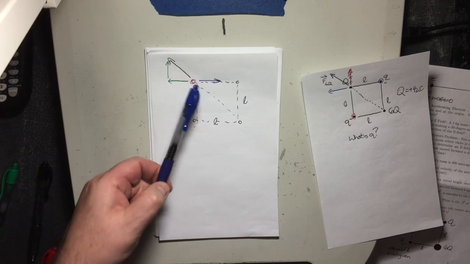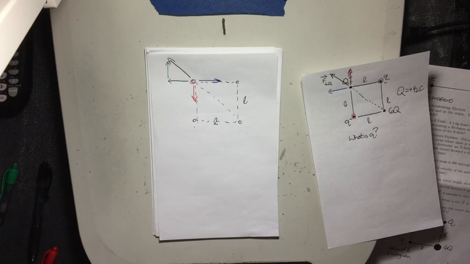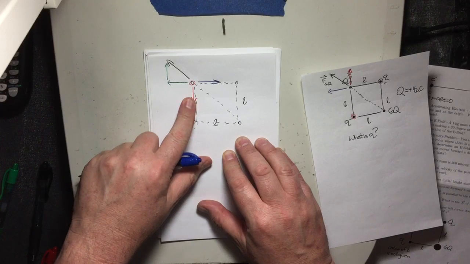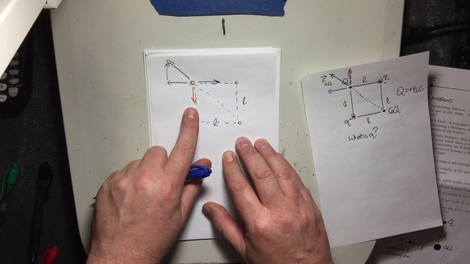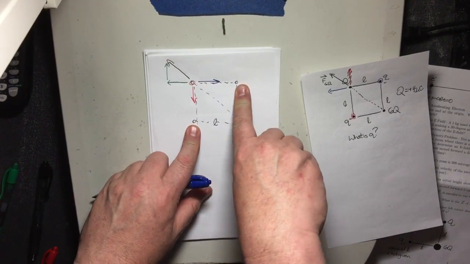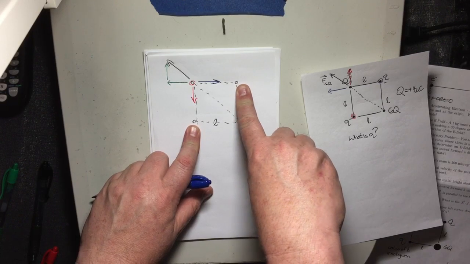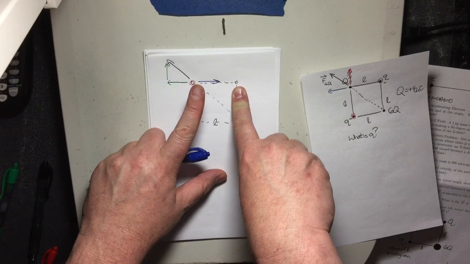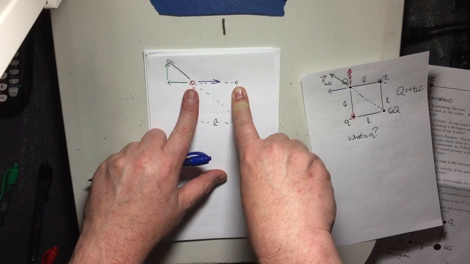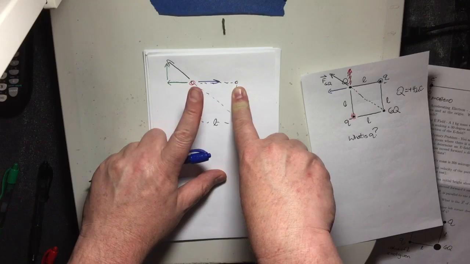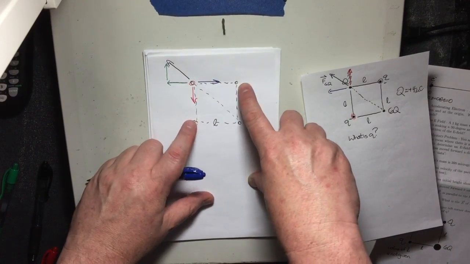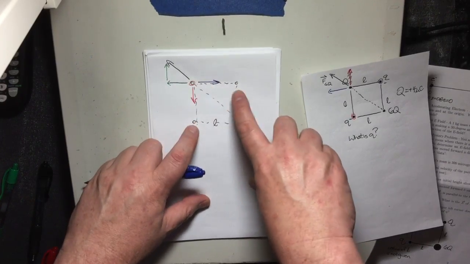The thing that we have to look at is the fact that the magnitude of this force and that force are equal. Those two charges are the same. The charge where there's an attempt to move it is the same. The distances from that charge to these two charges are the same.